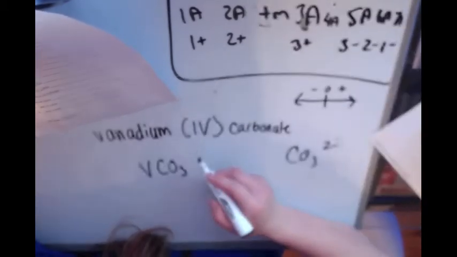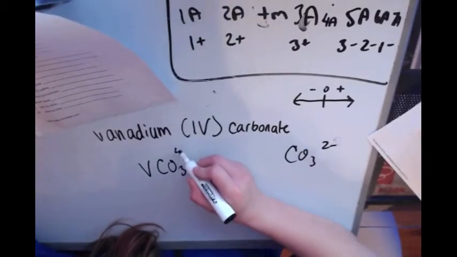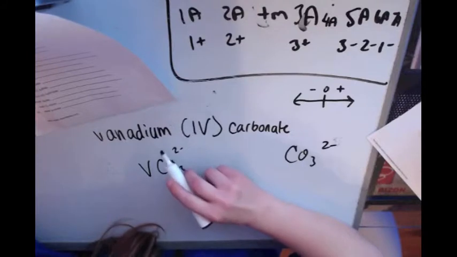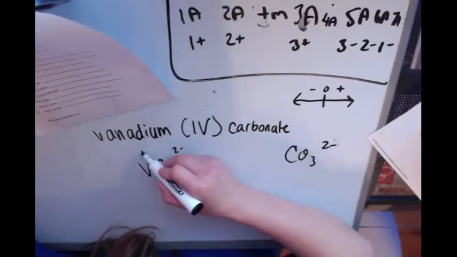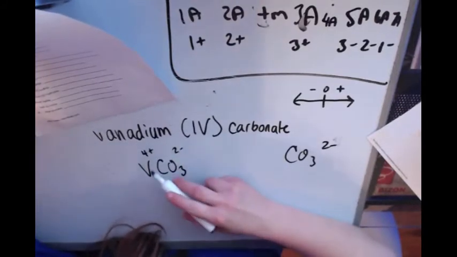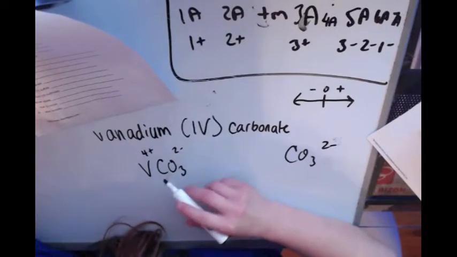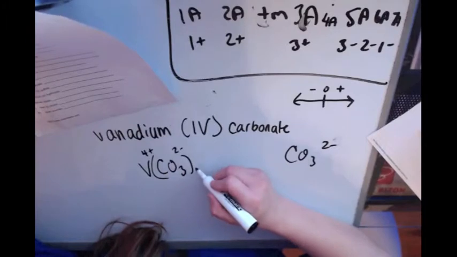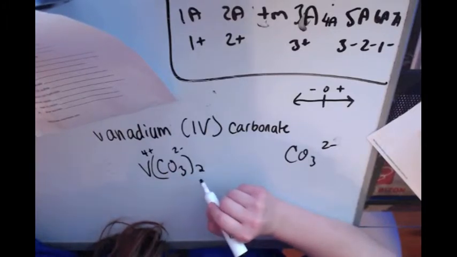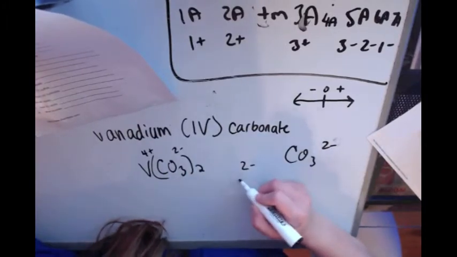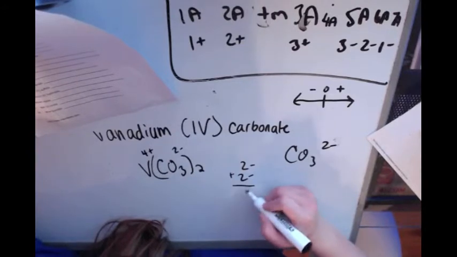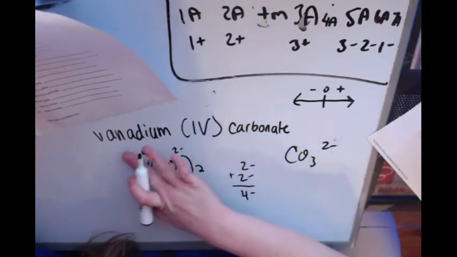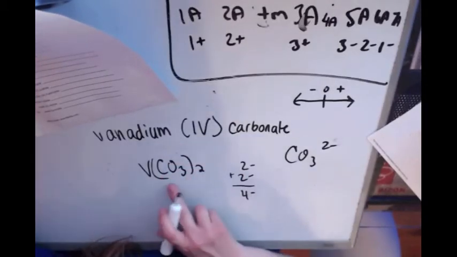And this told you, so I'll write the 2 minus above here, that the vanadium, just one vanadium atom, has a charge of 4 plus. So what can you do to make these work out? Well, you do kind of the same thing. And you have 2 carbonates, so that you have 2 minus plus 2 minus equals 4 minus. And that one vanadium is 4 plus, so that works. So that's how you would write it right there.